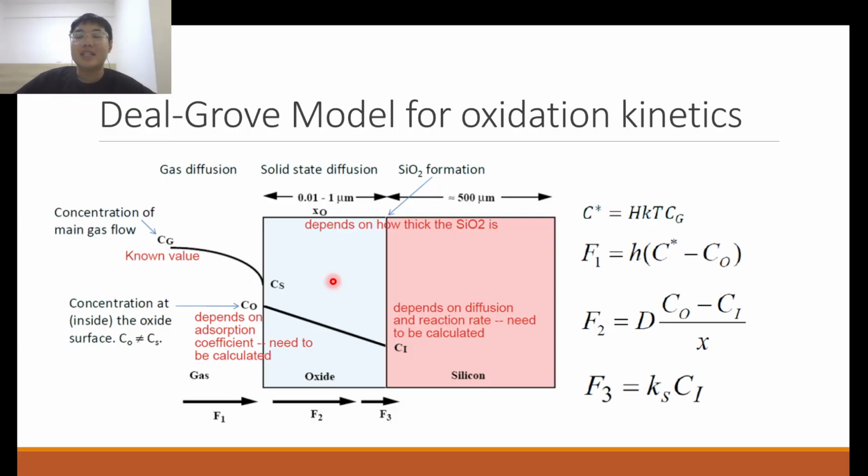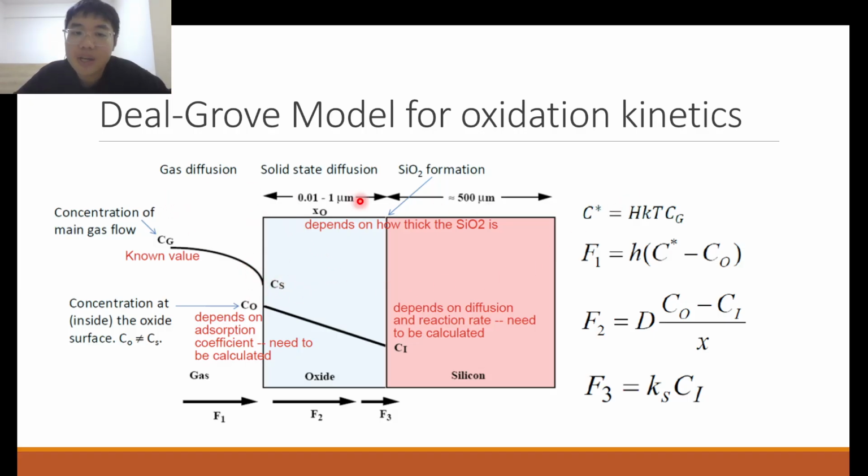Okay, so this is the idea behind these first two equations. We can define our concentration C star as a function of Cg, modified by the Henry's law constant. So this takes into account the solubility relationship of your oxygen or steam in the silicon dioxide material.